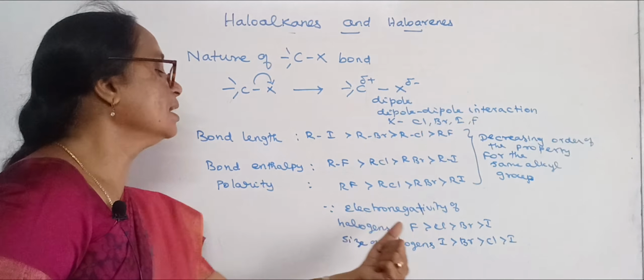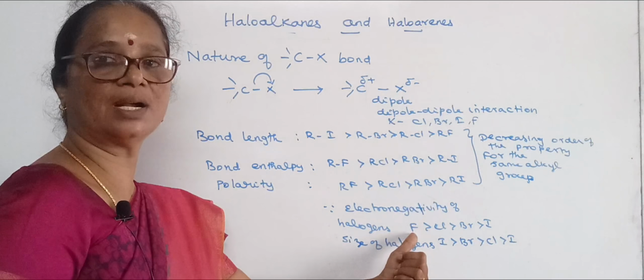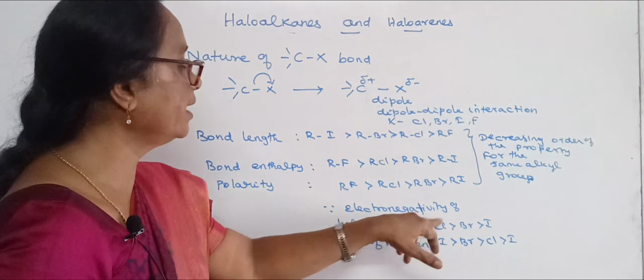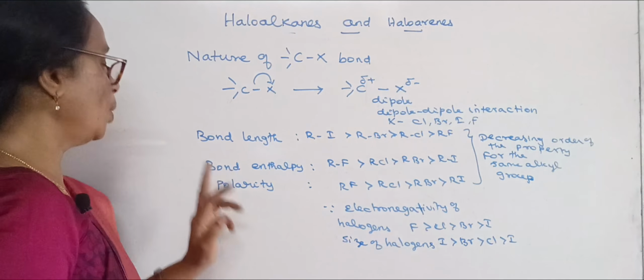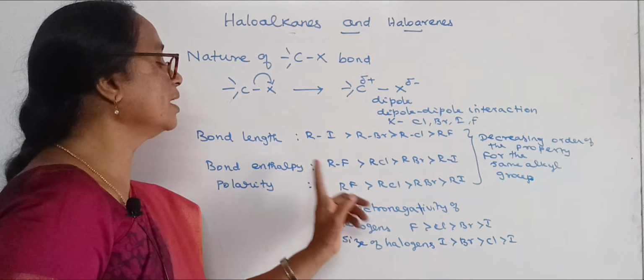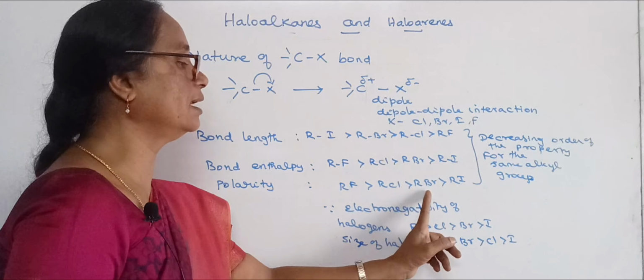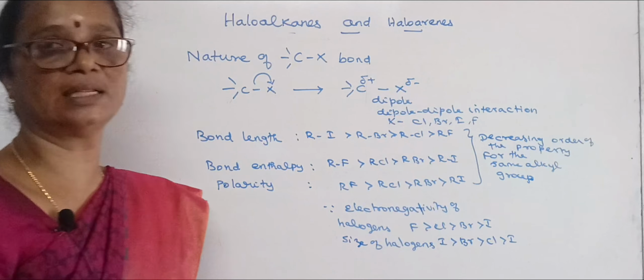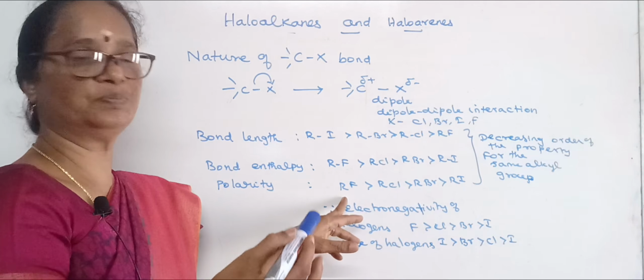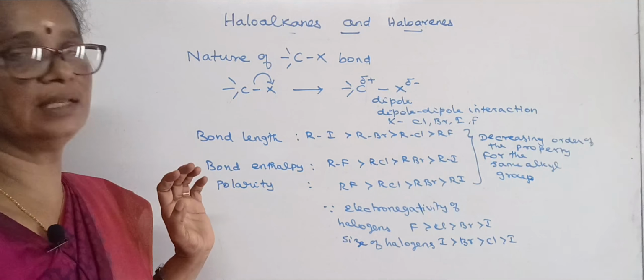That makes the compound more polar. So depending on the electronegativity of the halogen, polarity of the bond is found to be RF greater than RCl greater than RBr, which is greater than RI. R is any alkyl group.